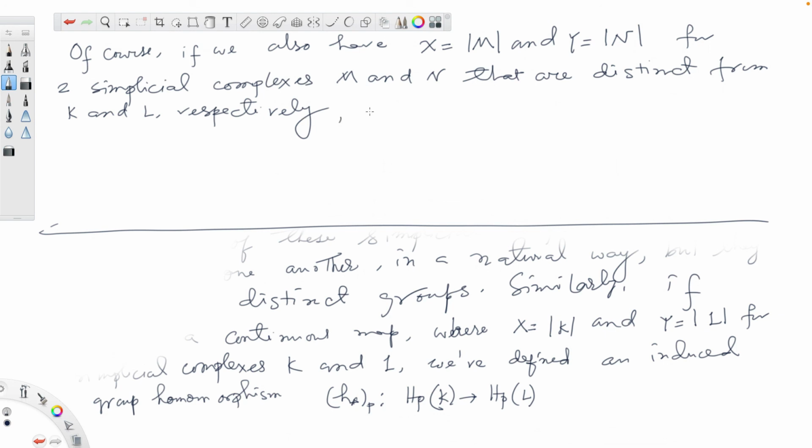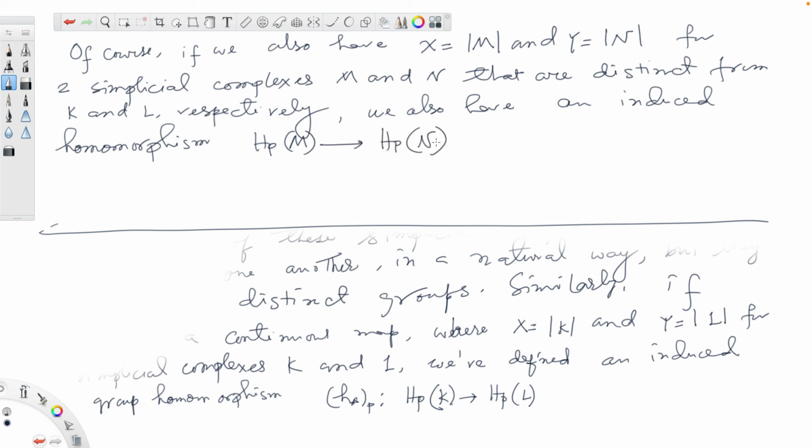Then we also have an induced homomorphism H_p of M to H_p of N that we also denote by the same notation, h star at p.